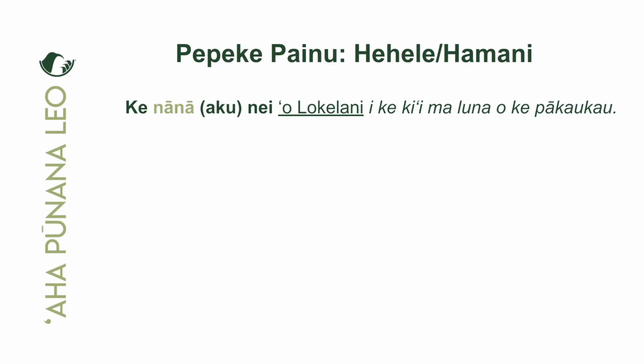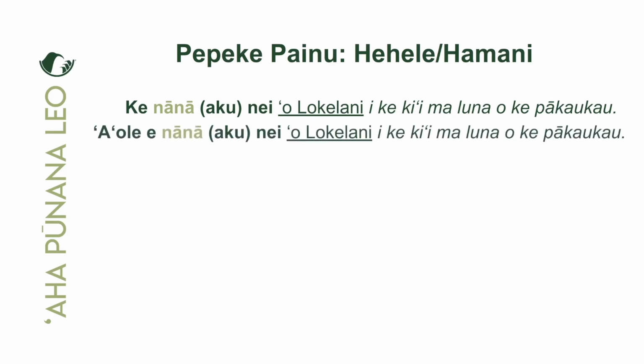Ke pākoko. Ma luna o ke pākoko, on top of the pākoko table. Pololei, maikaʻi. Lokelani is in the action of looking right now at the kiʻi on the pākoko. And to negate that, we just say ʻaʻole e nānā aku nei ʻo Lokelani i ke kiʻi ma luna o ke pākoko. So Lokelani is not looking presently, right now, at this moment, at the kiʻi on the pākoko.